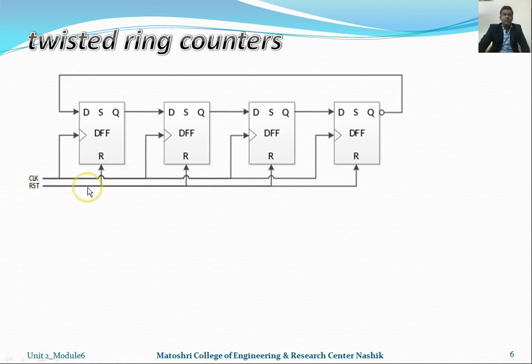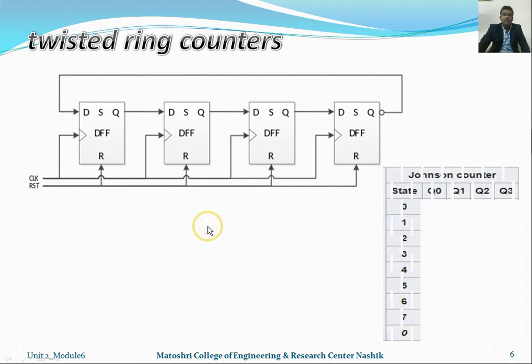Firstly, we reset all the flip-flops and remove the reset pin. So for the first state, all the flip-flops are in the reset condition, that is, all the flip-flops store the value 0. Now concentrating on the last flip-flop, it stores Q3 as 0, and we take the complemented output from this last flip-flop.